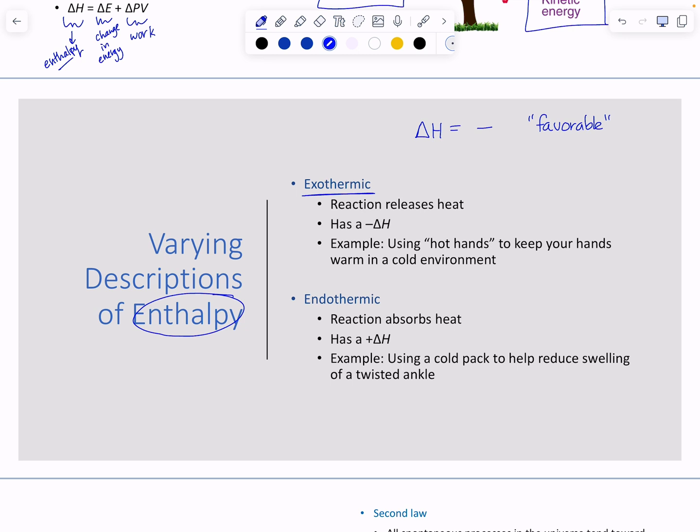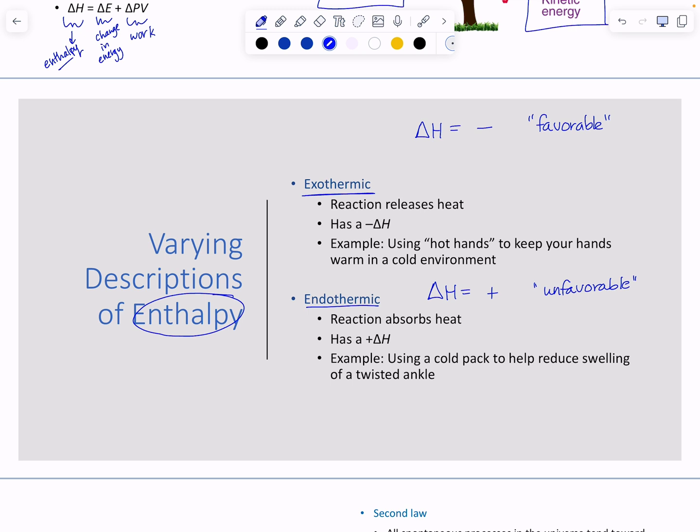So endothermic reactions are ones that absorb heat, so they're going to be taking in heat, and that enthalpy change is going to be positive. A positive enthalpy change is going to be unfavorable in terms of what the enthalpy change contributes to a reaction going forward.